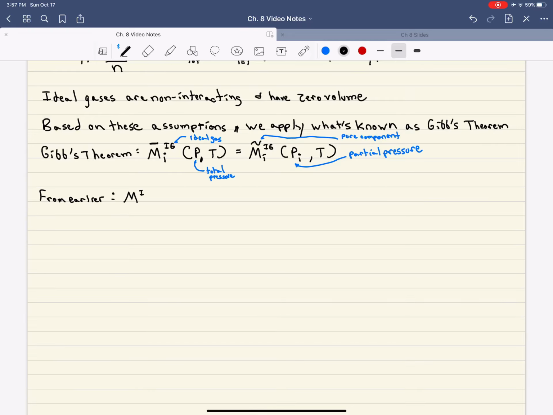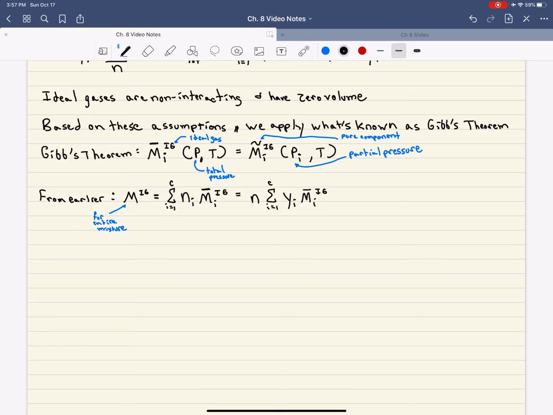So for the mixture of ideal gases, this is for the entire mixture, from the principle of additivity, that's just going to be equal to the summation of the moles of that species times its partial molar property for the ideal gas. We could factor out the total N, so Yi Mi Ig.